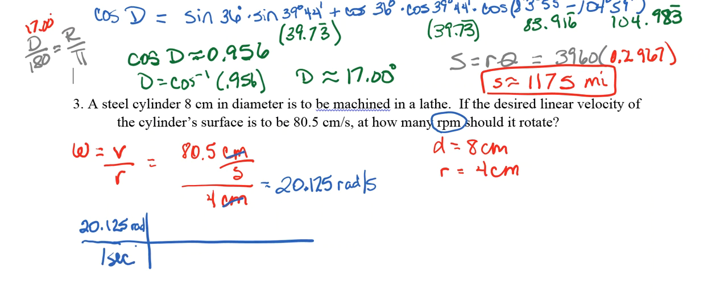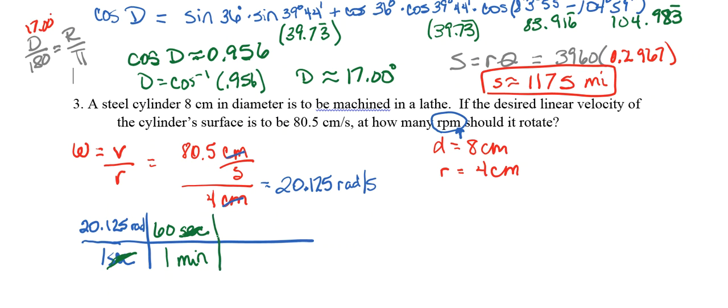I have to get out of seconds and into minutes. There are 60 seconds in a minute. Since I need my seconds to go away, I have to put the 60 seconds on top, and 1 minute on the bottom. That way they cancel, so our seconds are out of here.